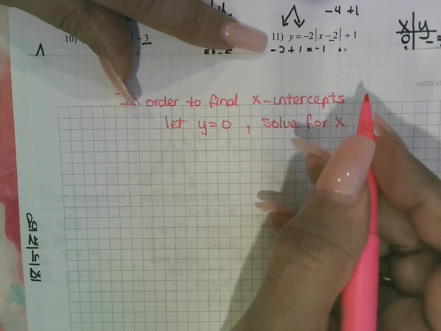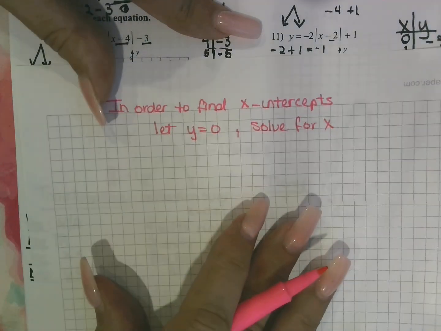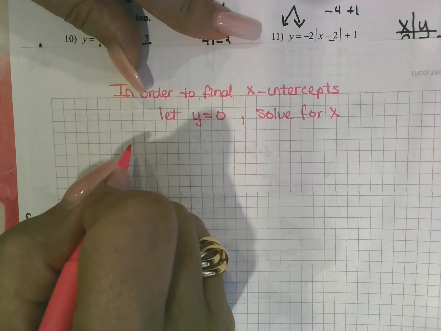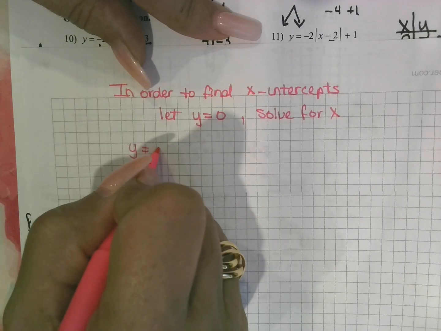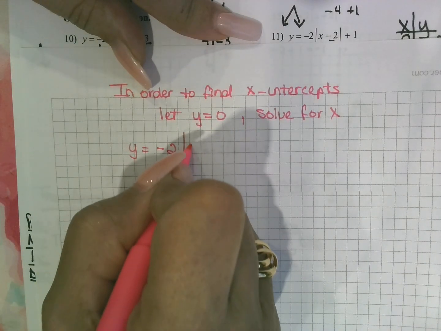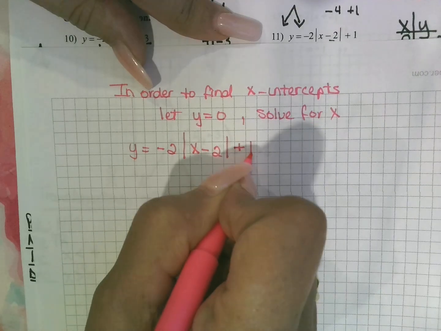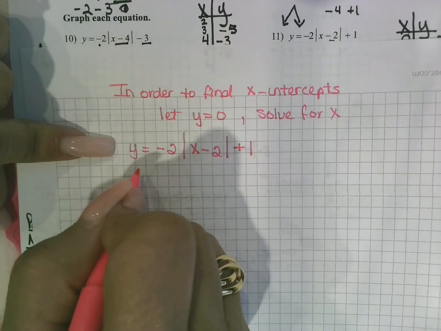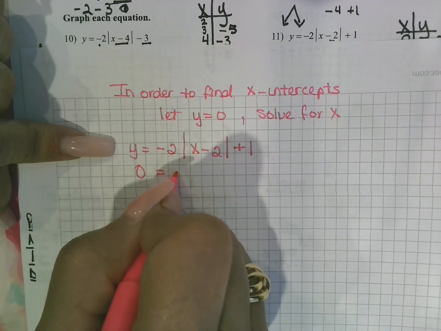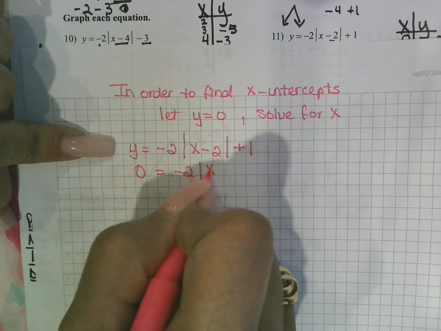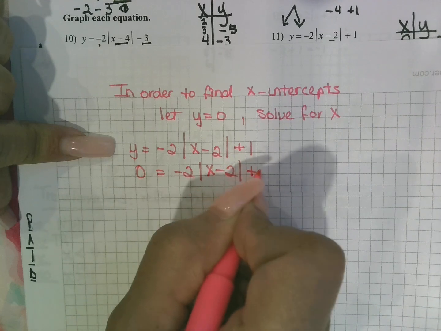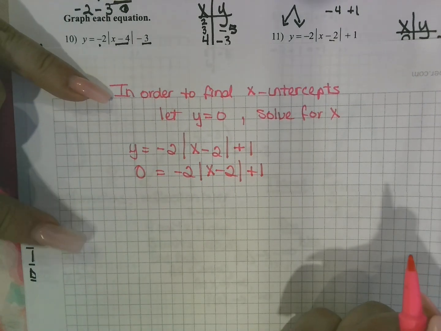Okay? So let's have the function here. It's y equals negative 2 absolute value of x minus 2 plus 1. So we are going to let y be 0. Okay? And we're going to solve for x.